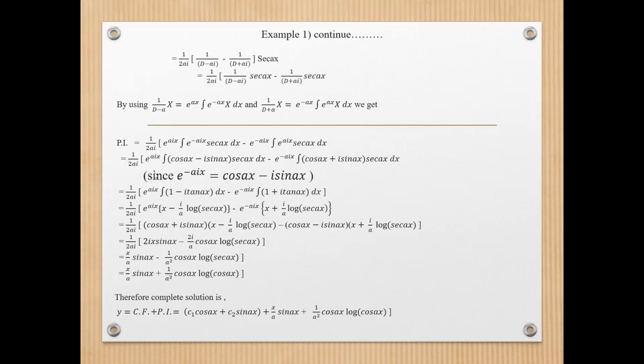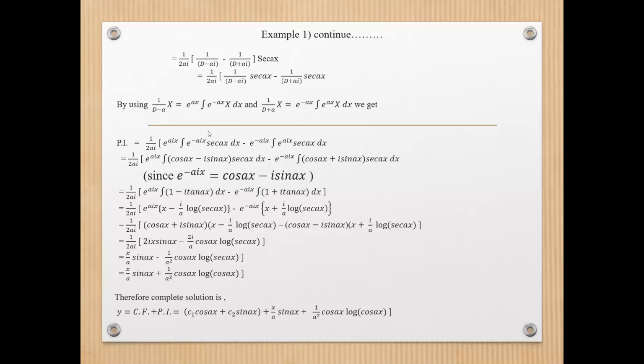1 upon 2ai into bracket e raised to aix integration, this e raised to minus aix can be written as cos ax minus i sin ax. And here e raised to aix can be written as cos ax plus i sin ax.